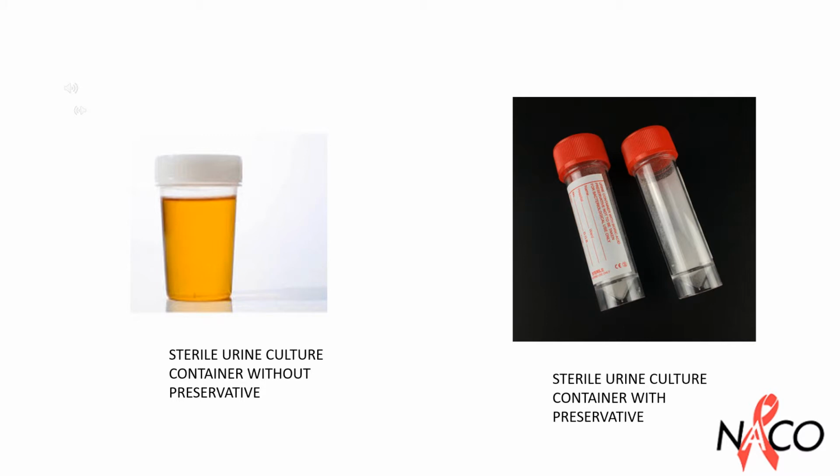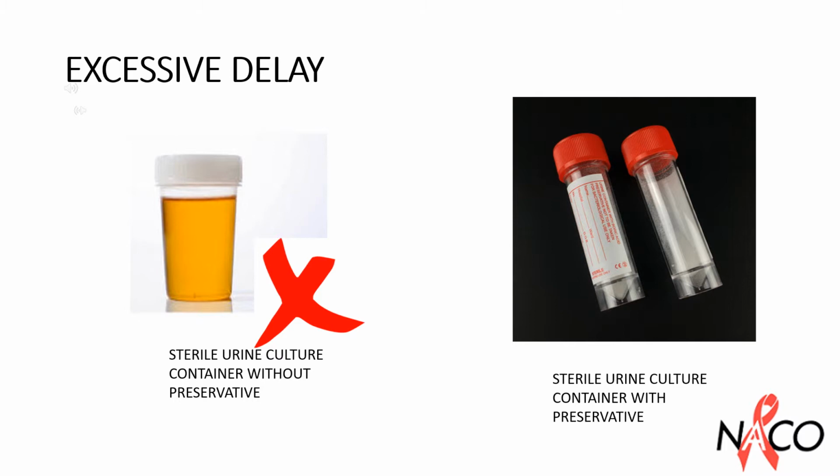Since urine is an excellent supportive medium for bacterial growth, specimen must always be transported to the laboratory without delay. Therefore, urine culture specimens in sterile container without preservative should be rejected if received at the laboratory after excessive delay.